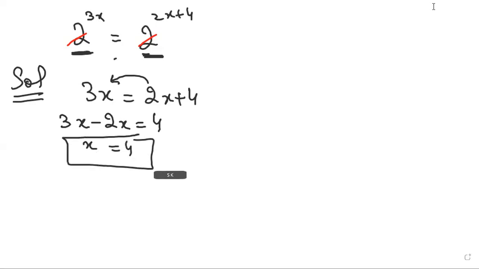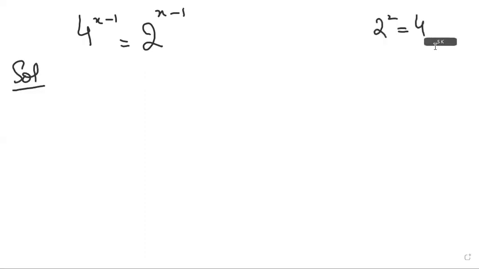Let's see another example. We have 4 to the power x minus 1 equals 2 to the power x minus 1. In this case my bases are not the same, even though there's an equality sign. Can I make my bases the same? Yes, because I know 2 to the power 2 equals 4.